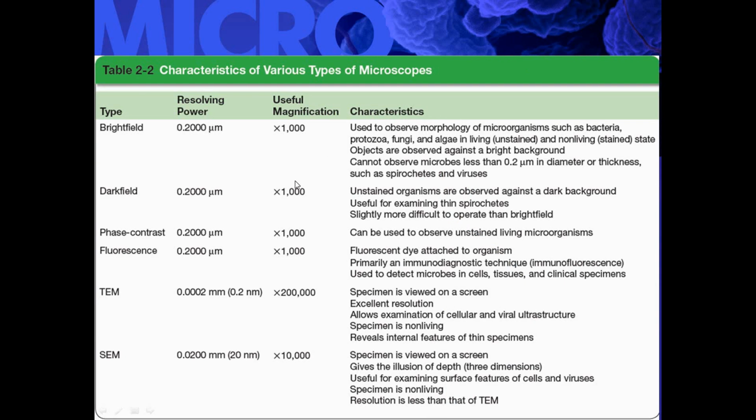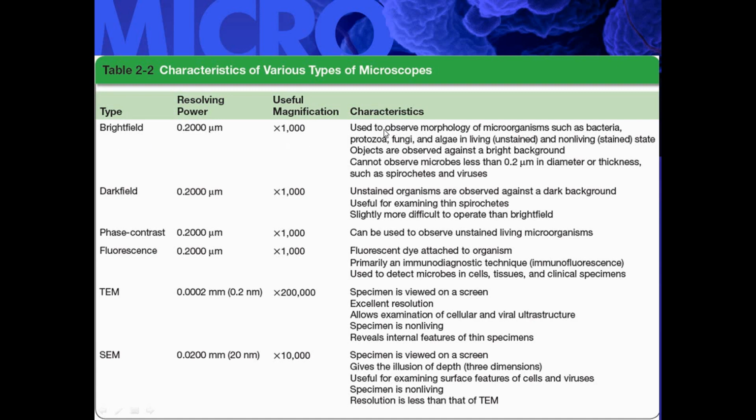It is a summary of what we have just said about compound light microscopes and electron microscopes. Compound light microscopes are of four types: bright field, dark field, phase contrast, and fluorescence. All of them have a resolving power of 0.2 micrometer and a useful magnification of 1000 times.